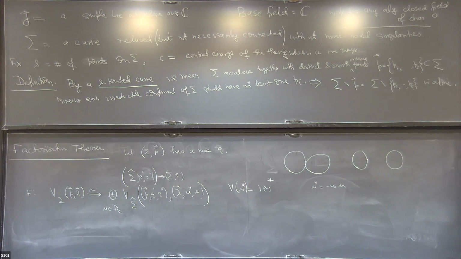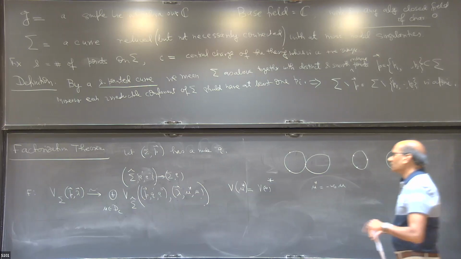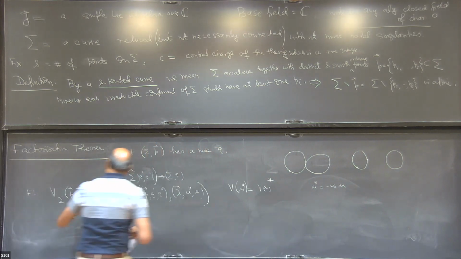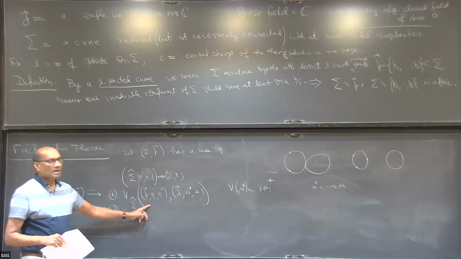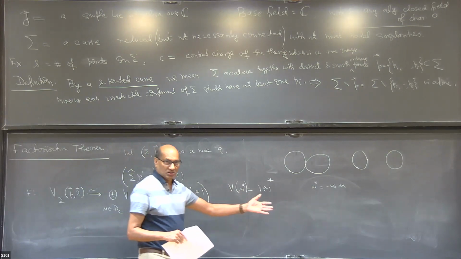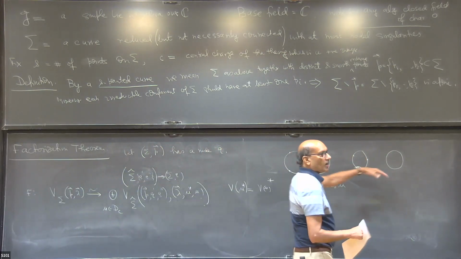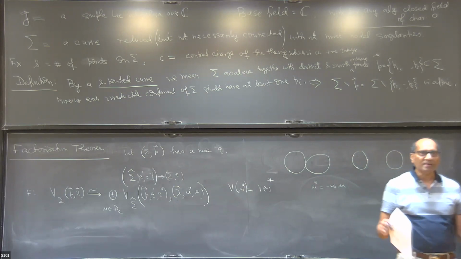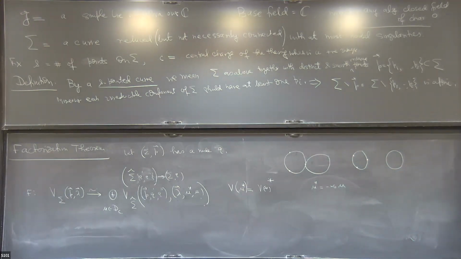And for P1 with 3 points, the dimension of that space is controlled by this fusion product in the representation of Lie algebras, which I will come to in detail later on. So that's the strategy. In fact, I've already told you in some sense the strategy. The algebra going from here to here, and then going to genus 0, and then going to 3 points, is very simple to calculate very explicitly.